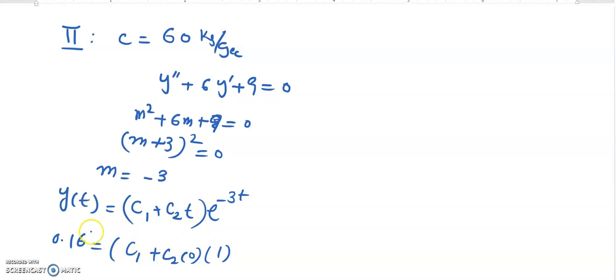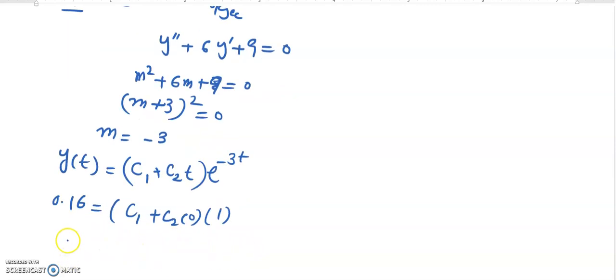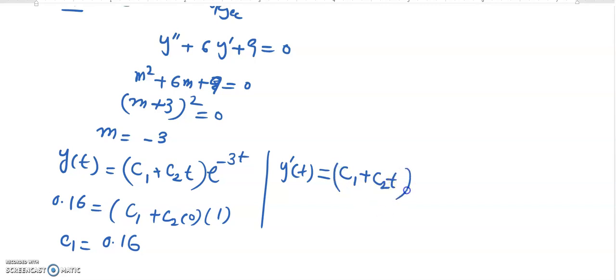So from here we can find that c1 is equal to 0.16. And then y prime of t is equal to c1 plus c2 t into minus 3 e power minus 3t, and then 0 plus c2 into e power minus 3t.